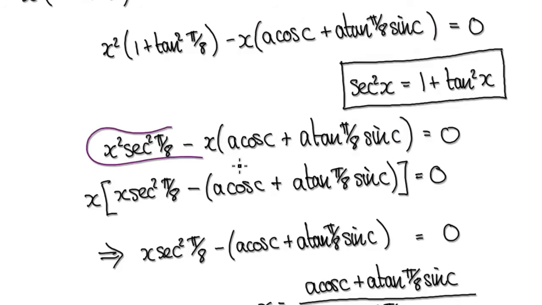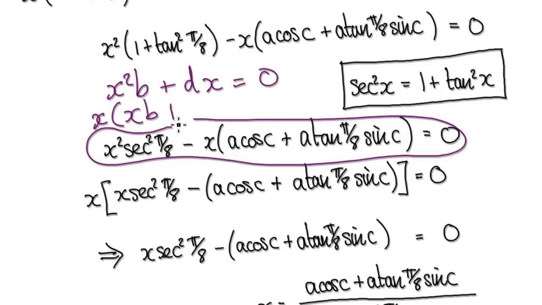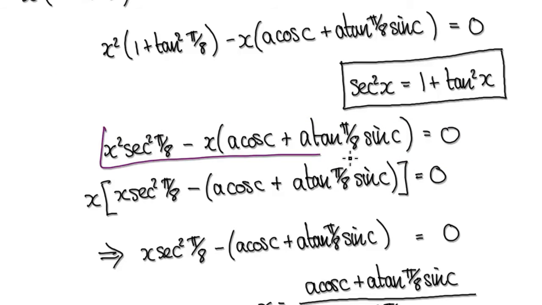It looks complicated, but it is in a form of something like this: x squared, and then let's say b, and then plus dx equals 0. If you were to solve this, you would just factor out the x, so x plus d equals 0, and one solution is x equals 0, and the other one is making this 0. Well, the point is let's factor out the x.